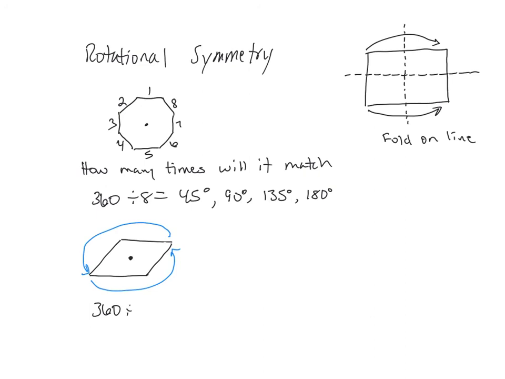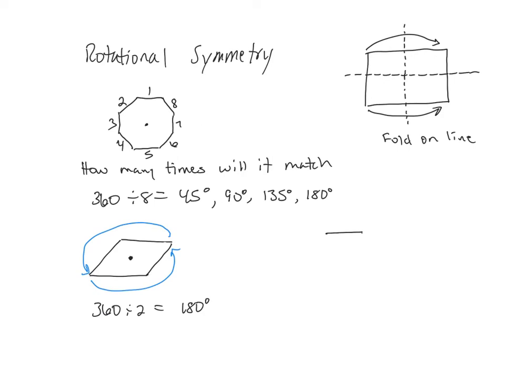It'll match twice. So this one would have what's considered 180 degrees rotational symmetry. If it doesn't match at all until it gets all the way back around, it doesn't have any symmetry.